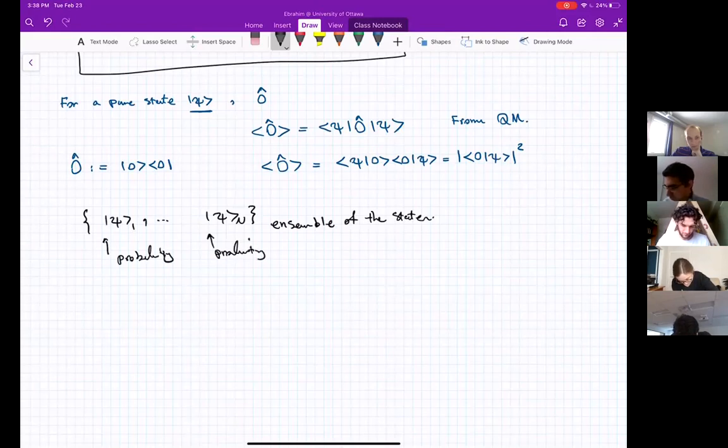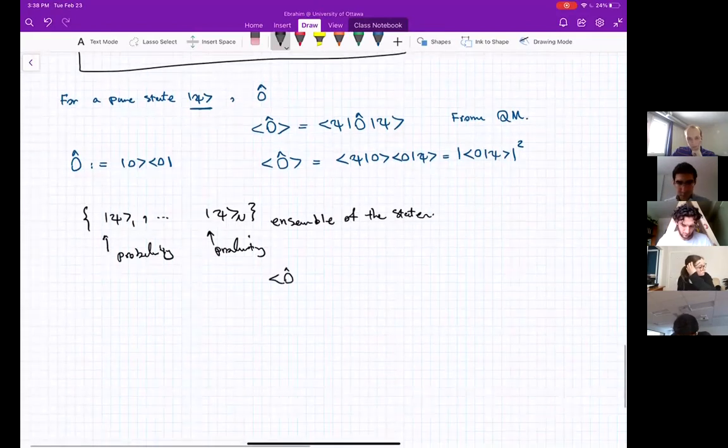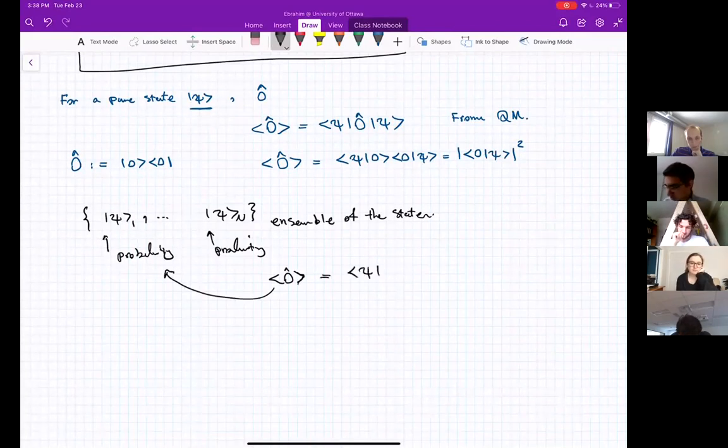In the same fashion, I can take the operator O and do the average for each of those states, which is nothing more than psi i, O, psi i.